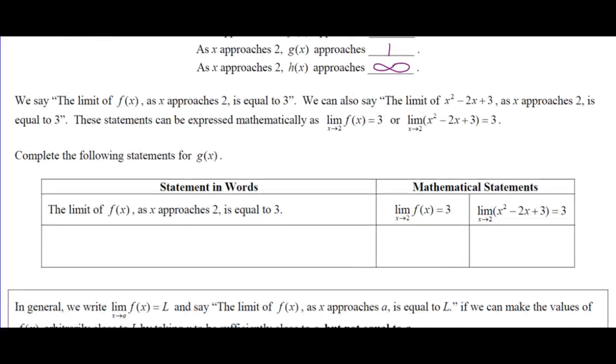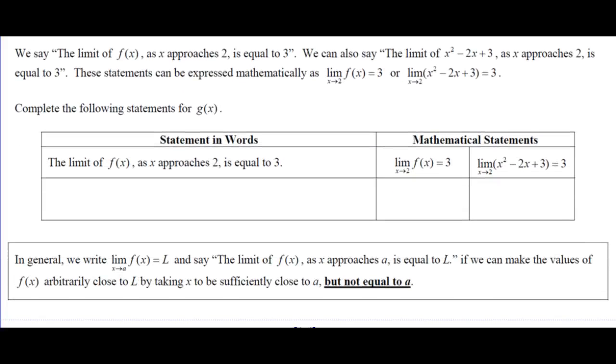Complete the following statements for g of x. So you're just going to write out the words, right? So what's it going to be? The limit of g of x as x approaches 2 is equal to what? What was it equal to? 1.